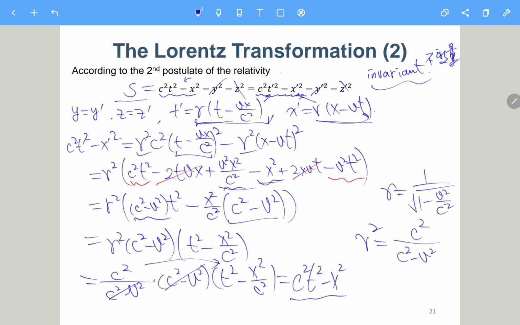So there must be something like this one becoming smaller, or this one becoming larger. The left one refers to time dilation, and the latter one refers to length contraction. So this one becoming larger, or this one becoming smaller, will make things balance.